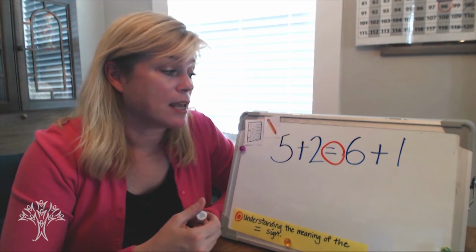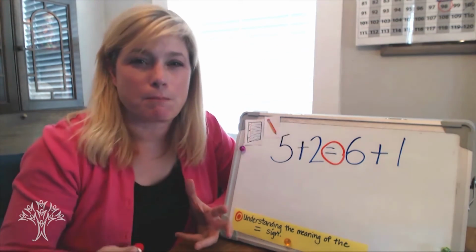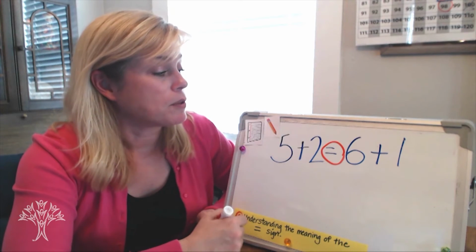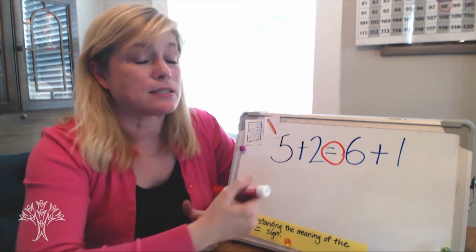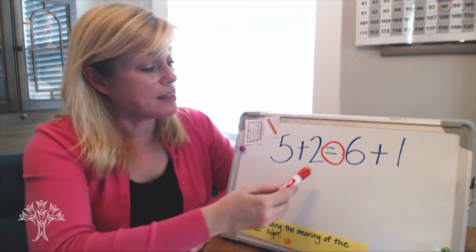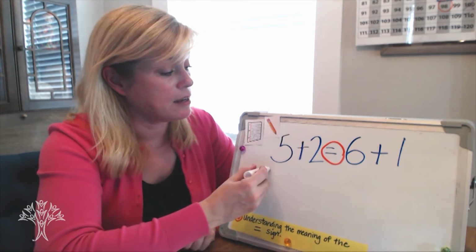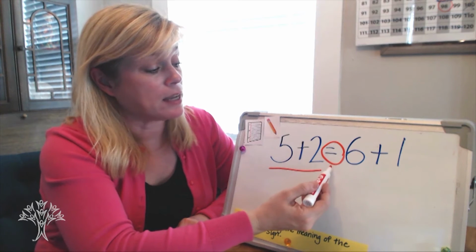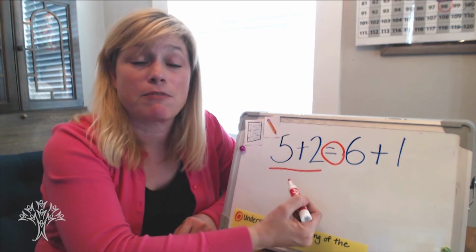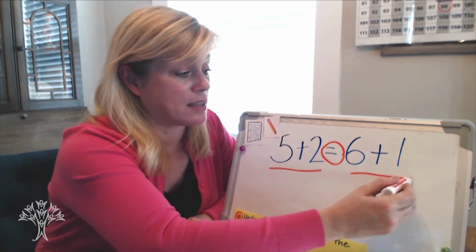But the equal sign actually has a bigger meaning than that. So 5 plus 2 is the same as 6 plus 1. So anything that happens on this side, if we have an equal sign, has to have the same value as on this side.